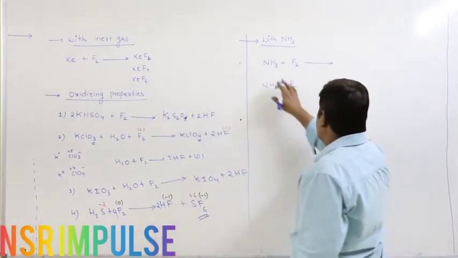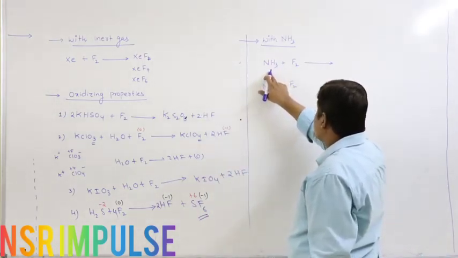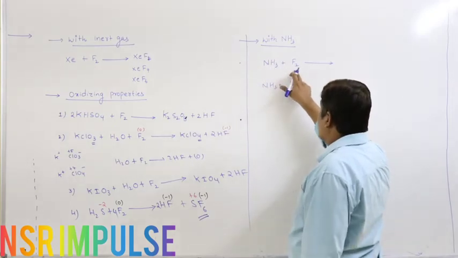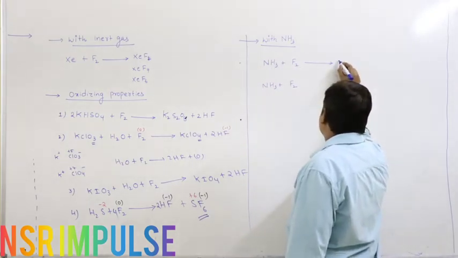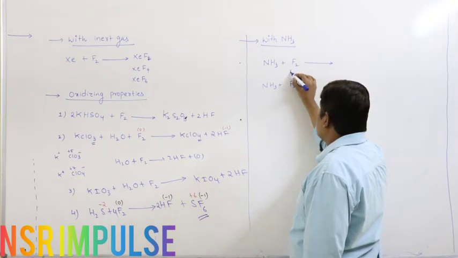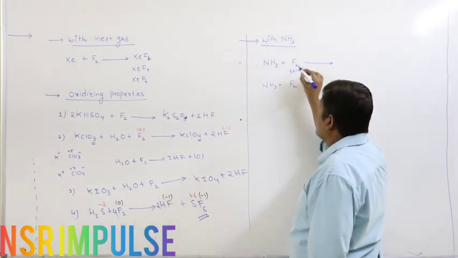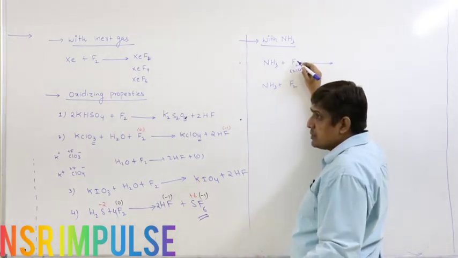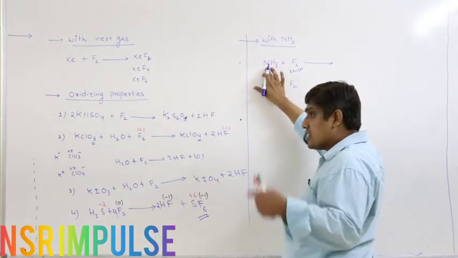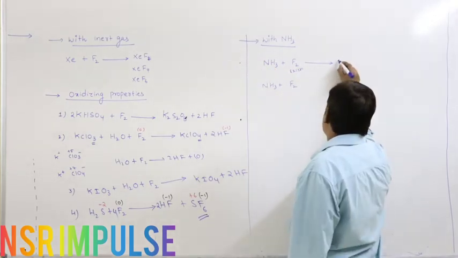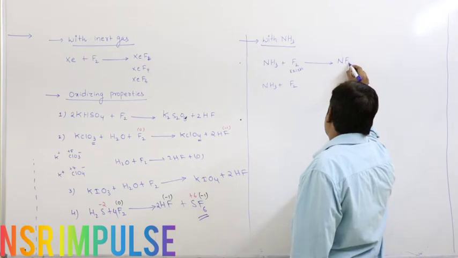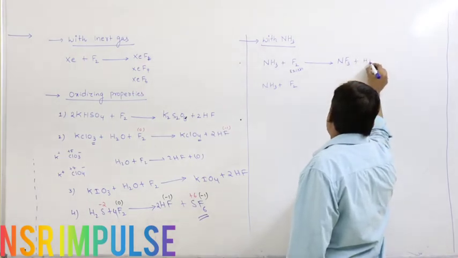If ammonia is present in less quantity or fluorine is present in more quantity, if fluorine is in excess, then since it is present in excess, it oxidizes nitrogen to maximum possible oxidation state, that is NF3, and HF, anyway you will get HF.